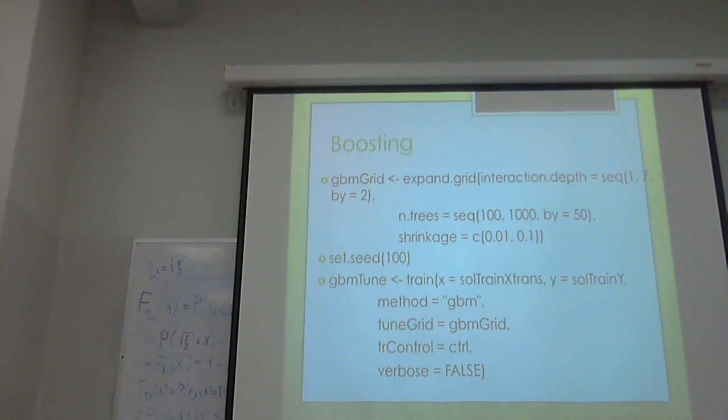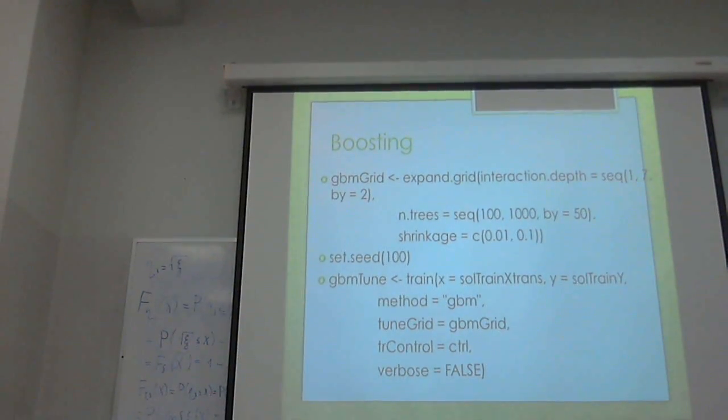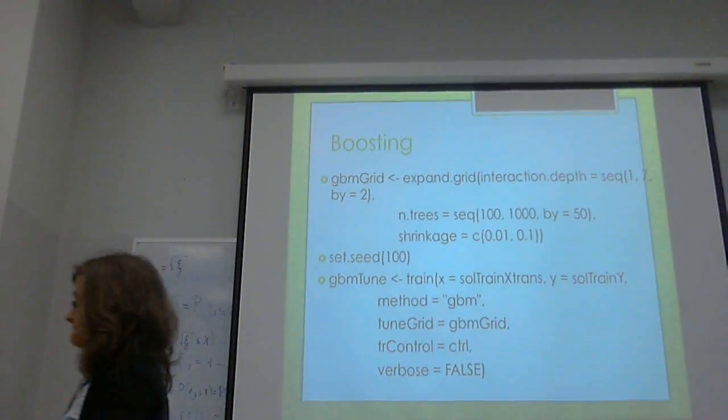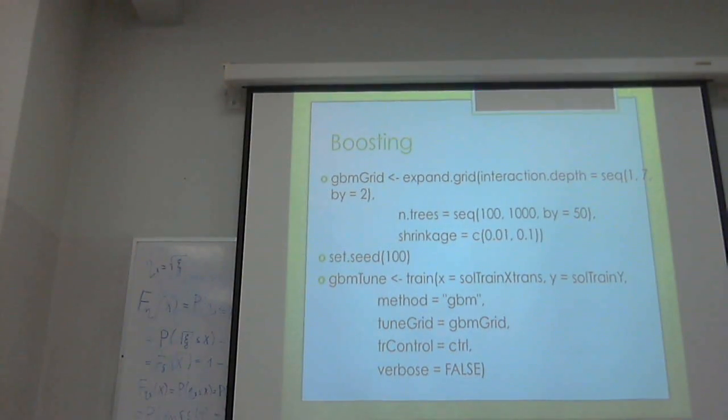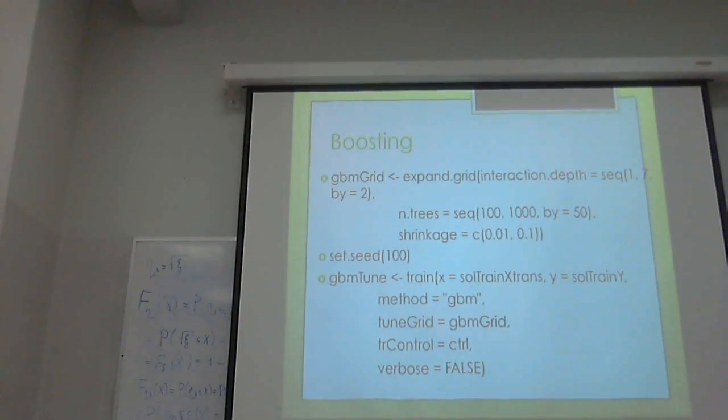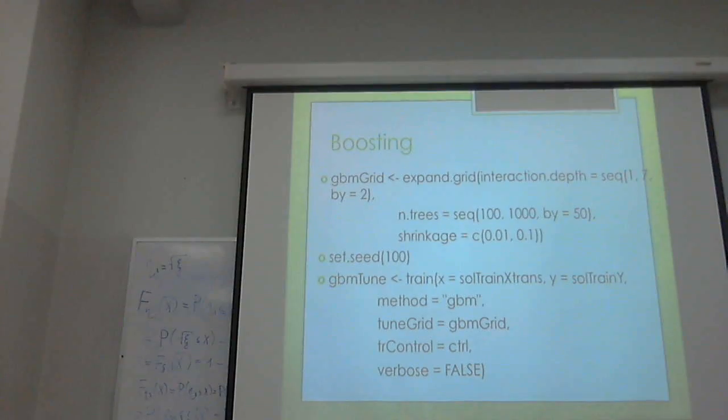Looks like we need one more parameter in order to run this method. It requires us to specify the n.minobsinnode parameter, and I'm not sure which value should be specified here.